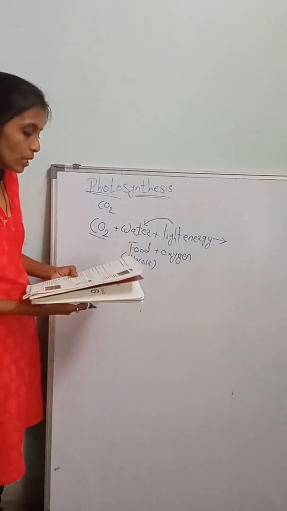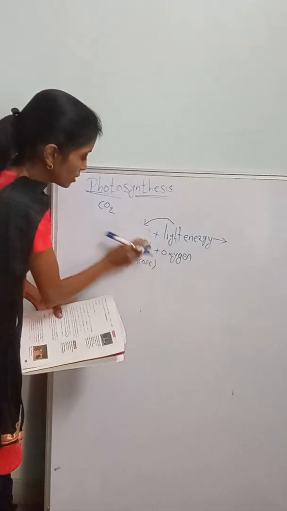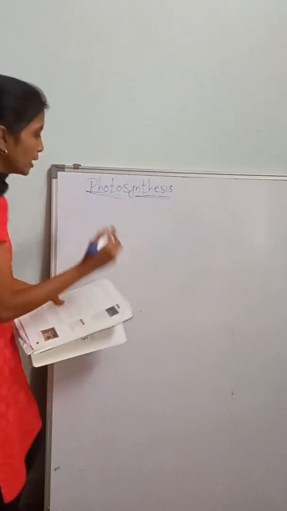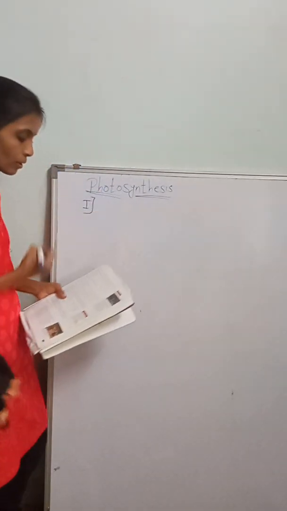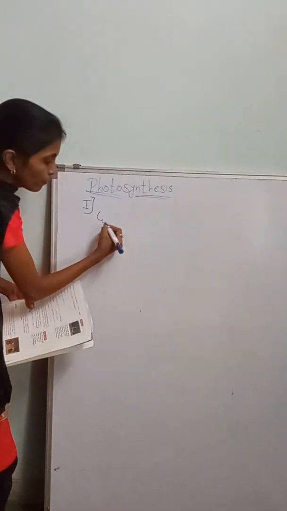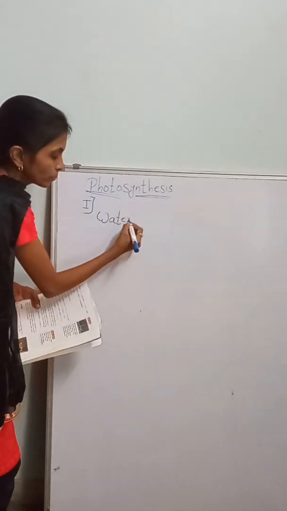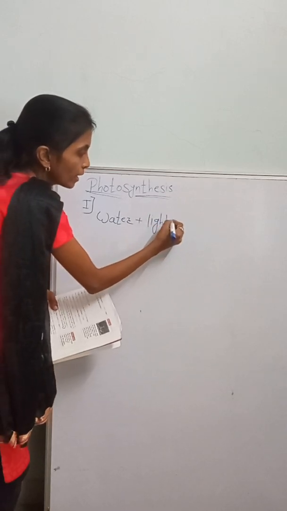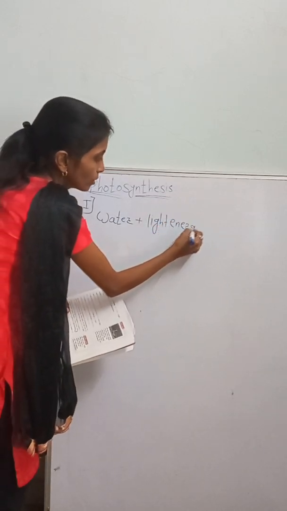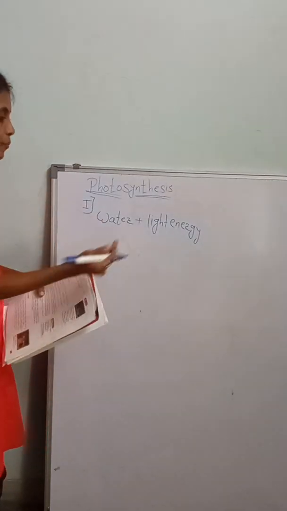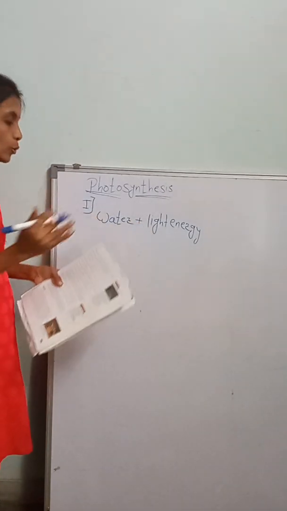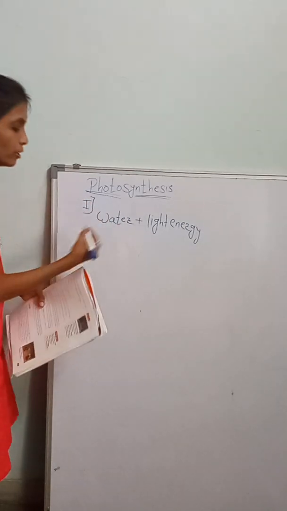See, I write here on the blackboard what happens in the first step. When water is combined with light energy, the light energy splits up the water. Do you know the formula of water?